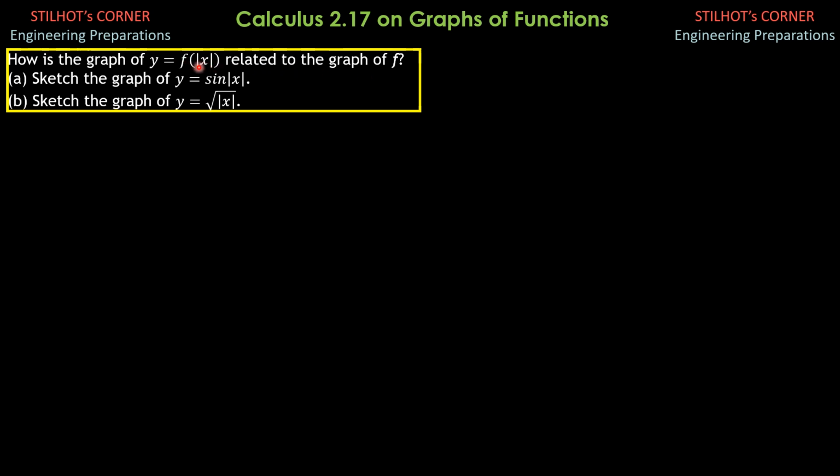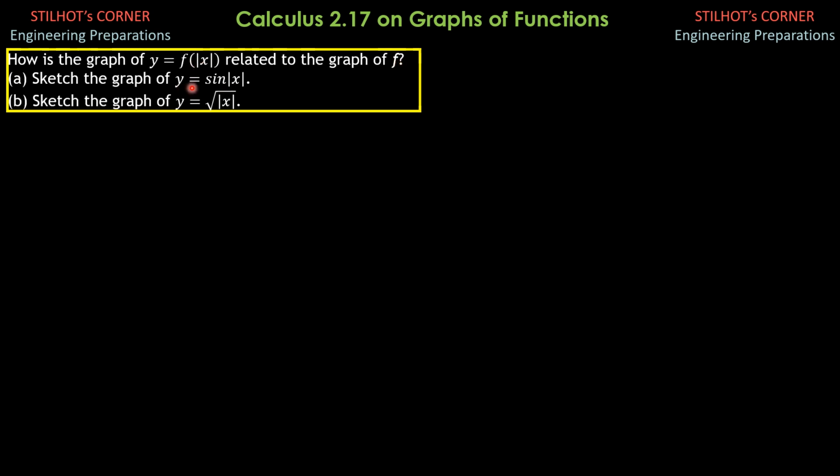So that's the relationship between the portion of the graph of y equals f of x to the right of the y-axis and y equals f of absolute value of x.